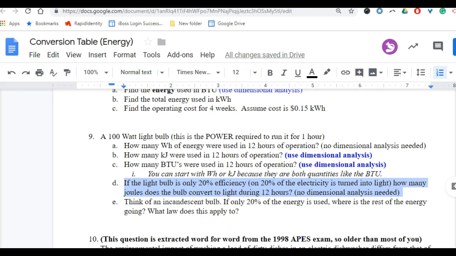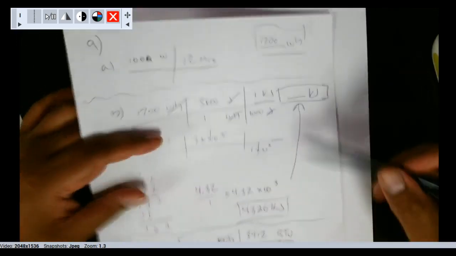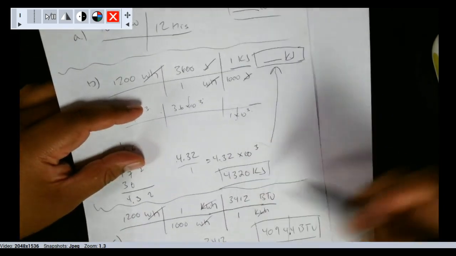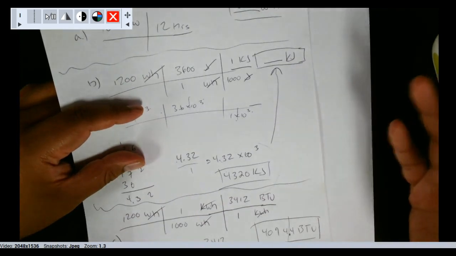We have it in BTUs, we have it in watt hours. This is going to ask it in joules though. So let's go back over here. We have the energy in watt hours, kilojoules, and BTUs. It's already in kilojoules, so we can just switch that over to joules and then 20% efficiency.